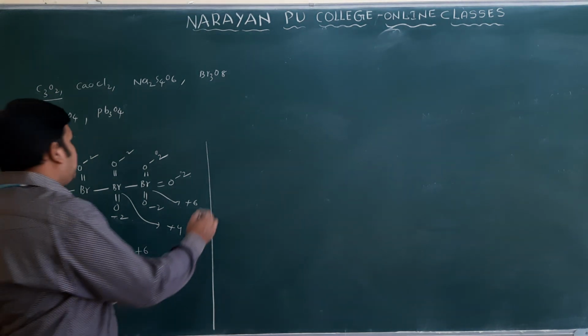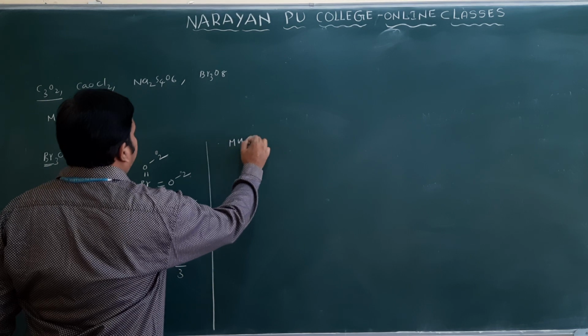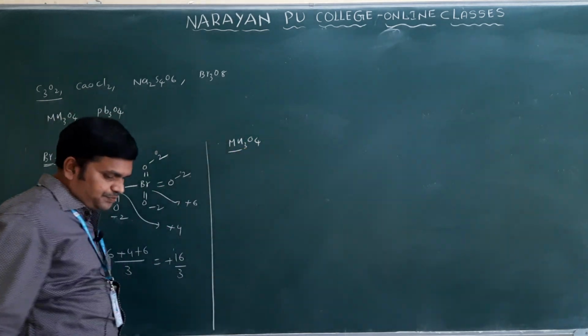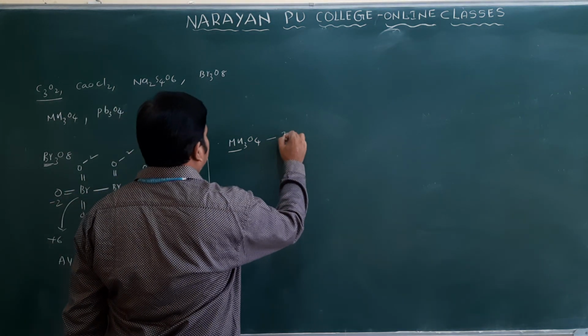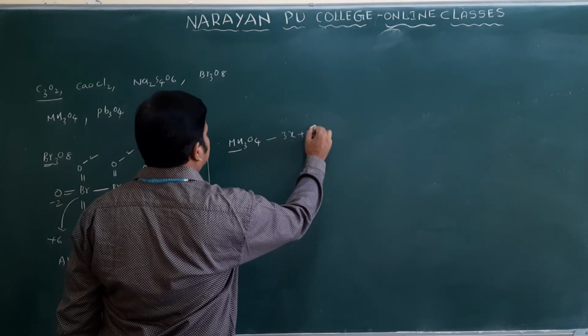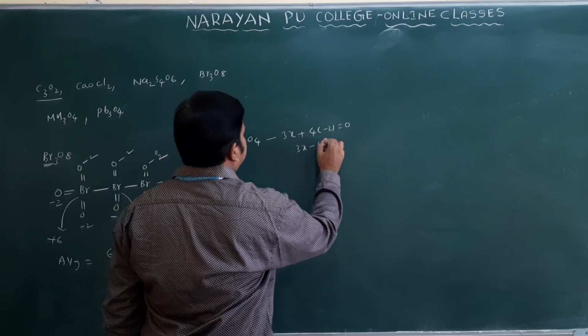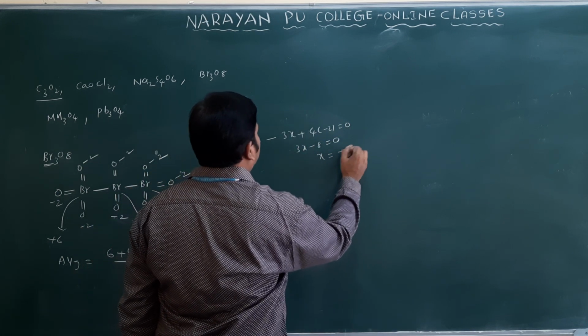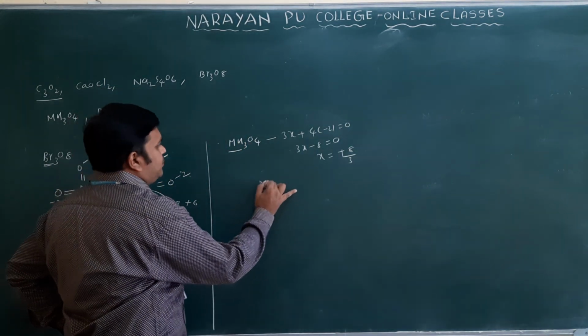See the next one we have. What is the next one? Mn3O4 we have. If you take Mn3O4, what will you get? This is 3x plus 4 into -2 is equal to 0. 3x minus 8 is equal to 0, x equal to plus 8 by 3 only.